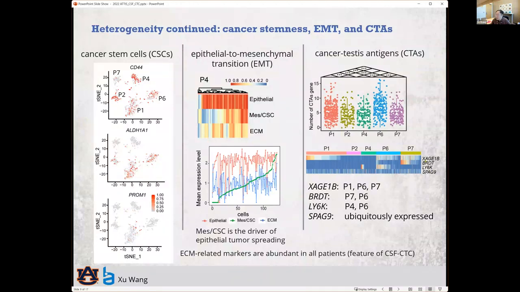For example, the XAGE1B gene is mainly expressed in patient number 1, number 6, and number 7. BRDT1 is primarily expressed in P7. LY6K expression is observed in P4 and P6, and SPAG9 is ubiquitously expressed in all patients we enrolled.